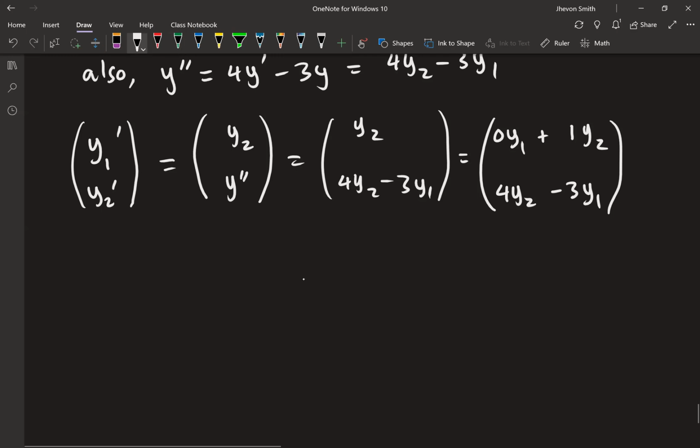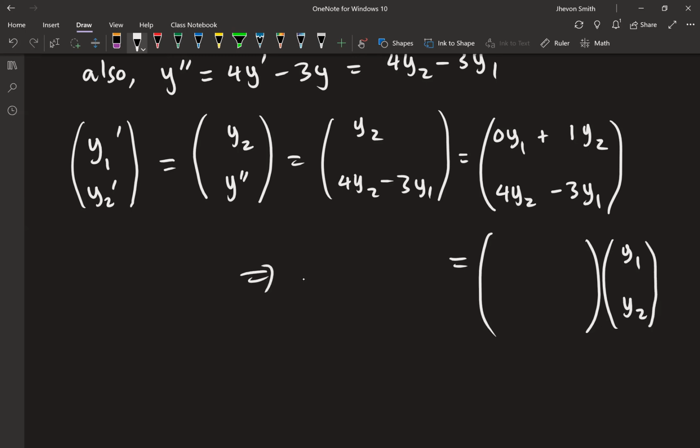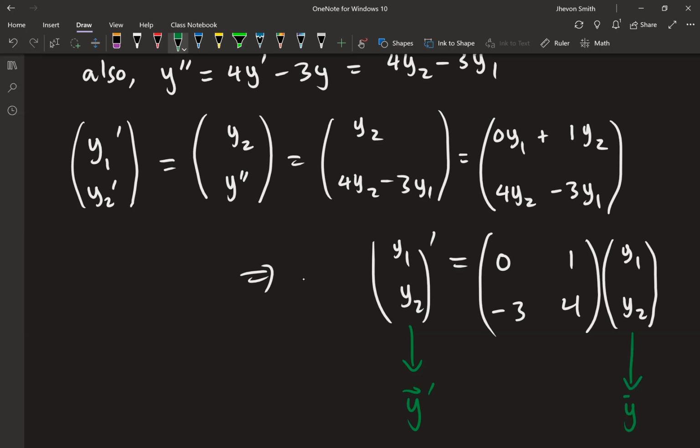If I look at it as the vector y1, y2, and the vector y1 prime, y2 prime, I would be able to write this with the matrix 0, 1, minus 3, 4. So if I think of this as my y prime, this as my y, this as my matrix, I get that system that I spoke about.